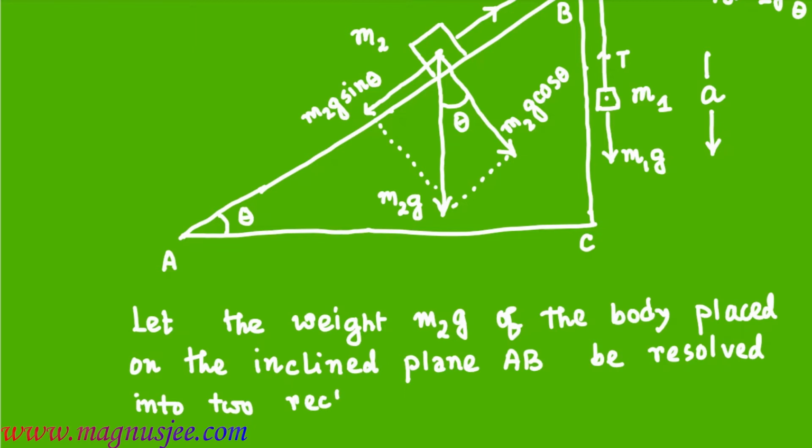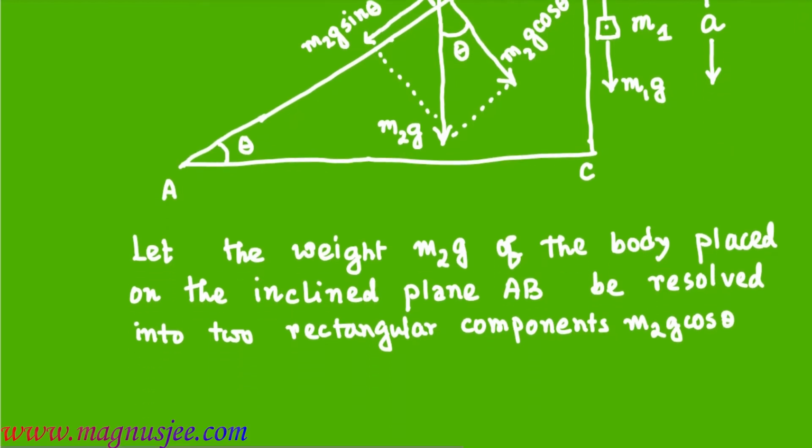The two rectangular components are m2g cos theta and m2g sin theta.